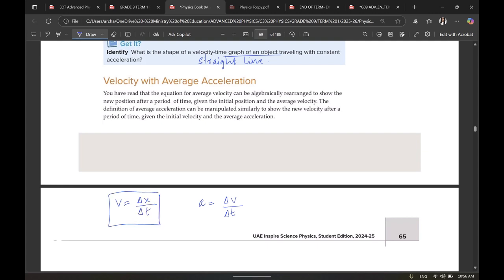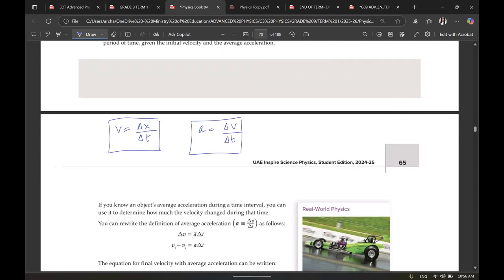There are two equations which we have studied. v is equal to xf minus xi divided by t, and a is equal to vf minus vi divided by t.